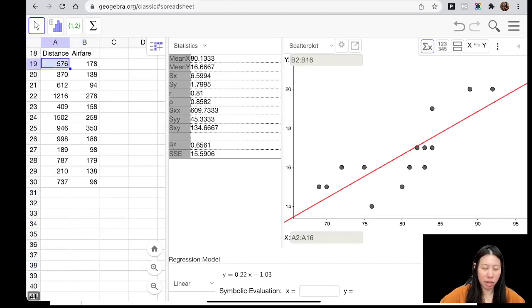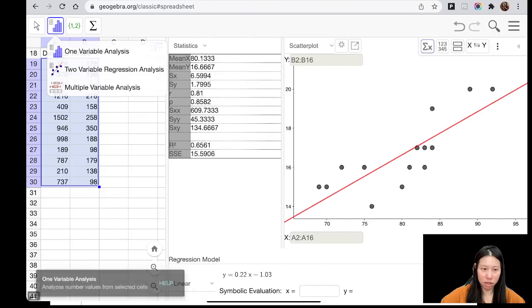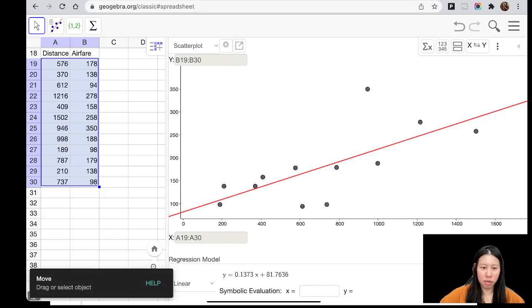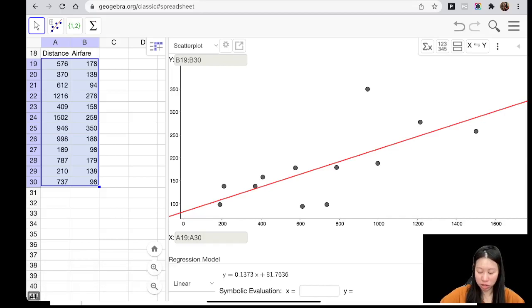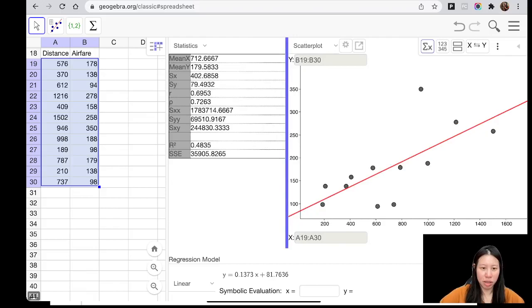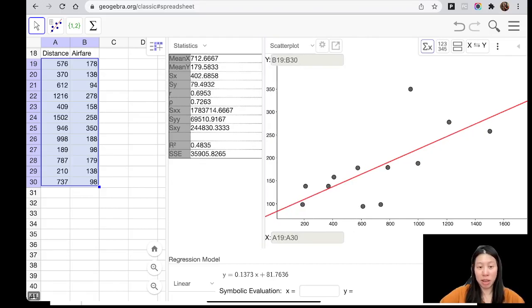So now, again, we highlighted the data we wanted to generate the scatter plot. We highlighted it, clicked on the icon on the upper left, and chose two variable regression. And then this is our chart. After we generate it, we click on the statistics sign, which is the sum of X. We will see our x bar, y bar, standard deviation of X, standard deviation of Y, and R, which is 0.6953.